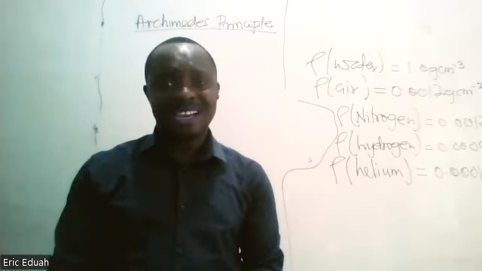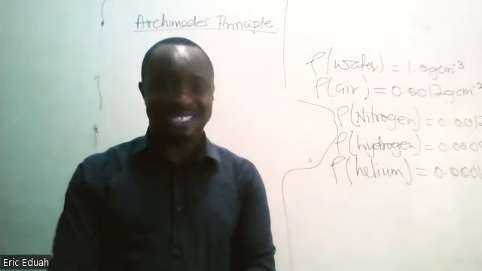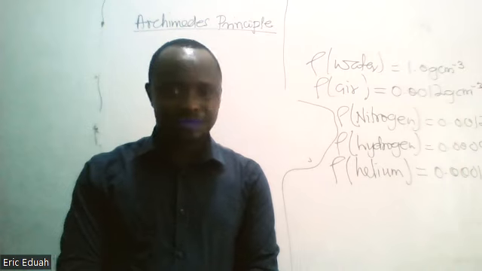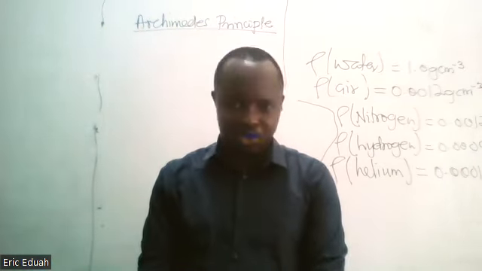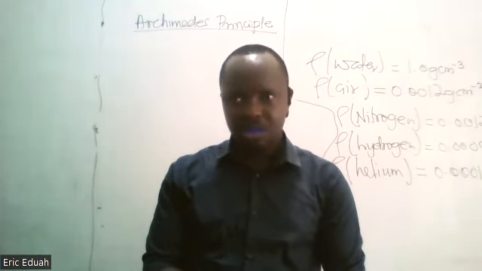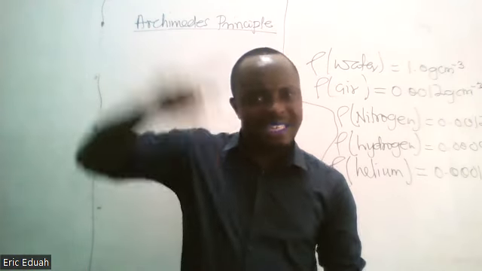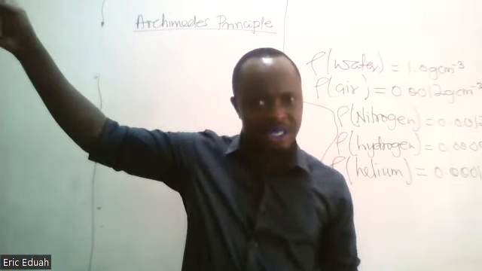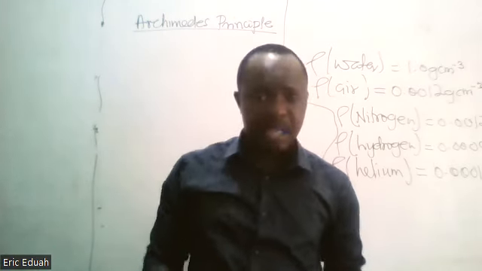He was an engineer, scientist, and a mathematician. He one day was tasked to solve a problem of the then king in Greece. And what was the problem?